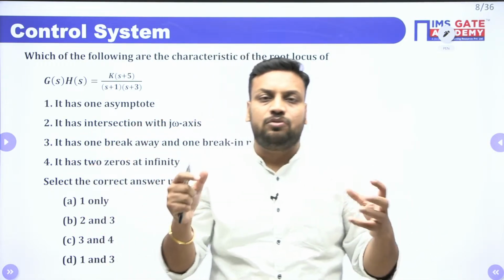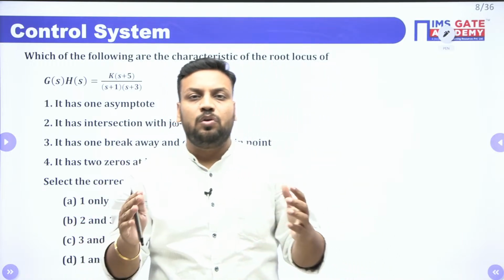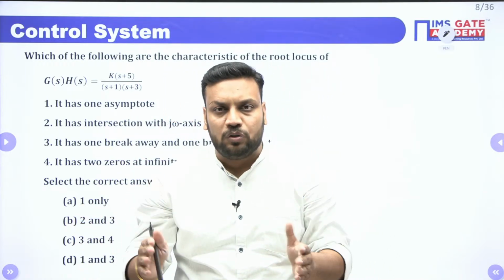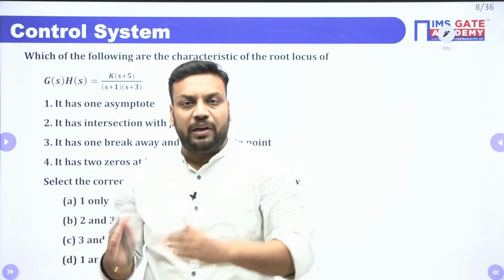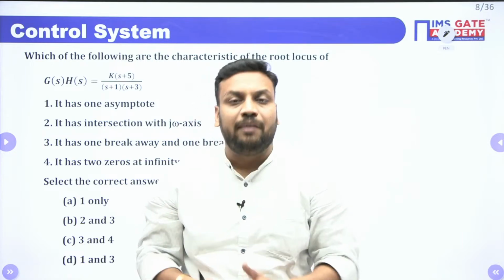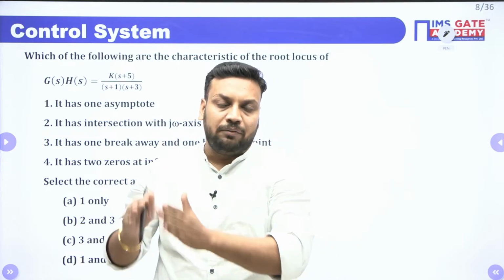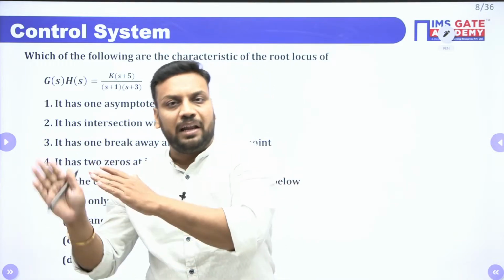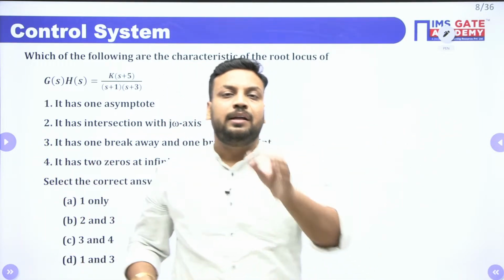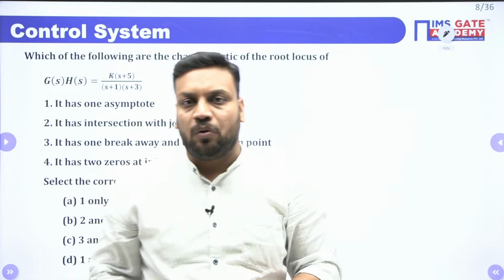So what is the actual definition of root locus? Root locus is a graphical representation of closed loop poles where gain K is varied from 0 to infinity. We vary the value of gain K and point out the positions of closed loop poles. Wherever the closed loop poles move, that path works as the root locus.